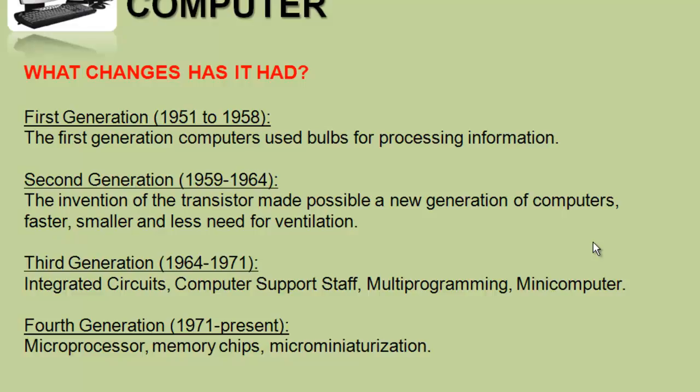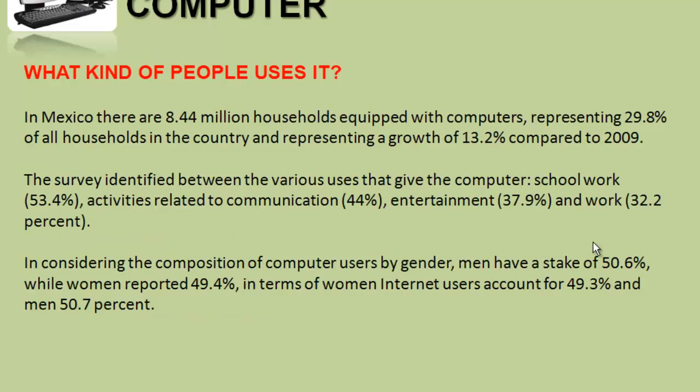Third generation, 1964 to 1971. Integrated circuits, computer software, multiprogramming, minicomputers. Fourth generation, 1971 to present. Microprocessor, memory chips, micro-miniaturization.